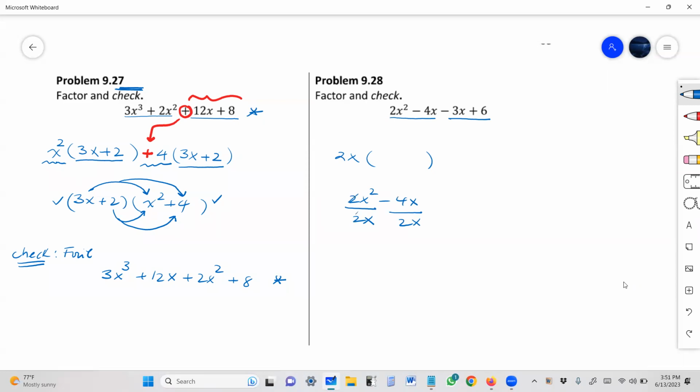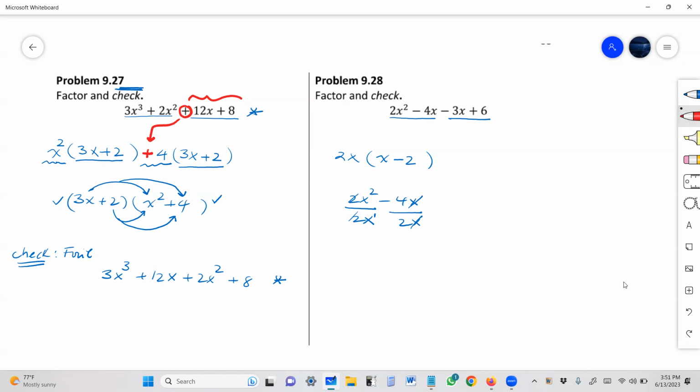In the first division, the 2's cancel. x squared divided by x to the 1 is just x, properties of exponents. Minus 4 divided by positive 2 is minus 2. And the 2x is canceled.